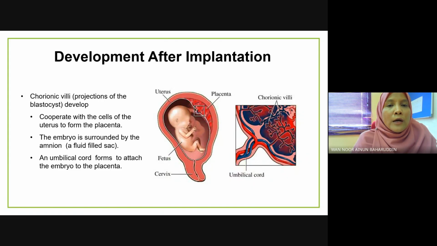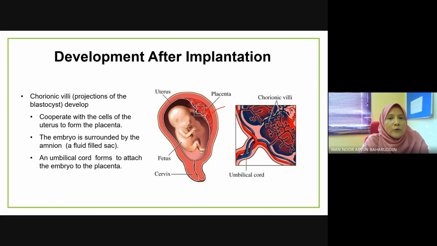After implantation, we can see the placenta is now formed, and the chorionic villi projection of the blastocyst will develop, with the cooperation of the cells of the uterus, to form the placenta. And now the embryo is surrounded by the amniotic fluid.